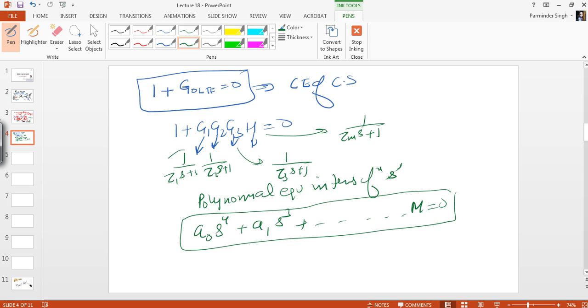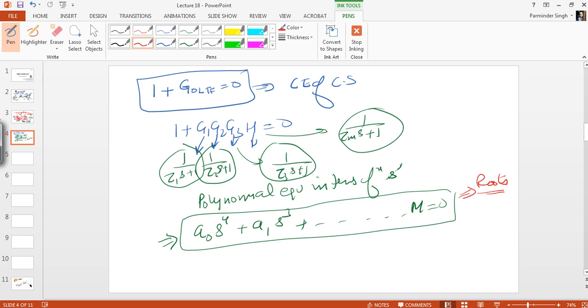Because if you multiply this transfer function with this and with this, you get a polynomial equation in terms of S. Now can I find the roots of this polynomial equation? Let's say the roots are something like R1, R2, R3 and so on.